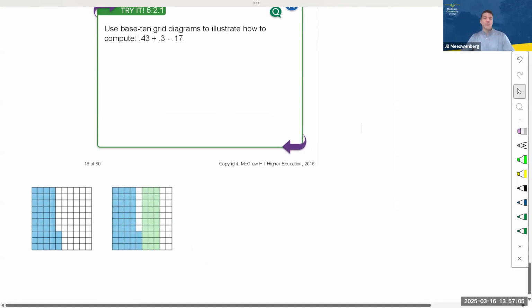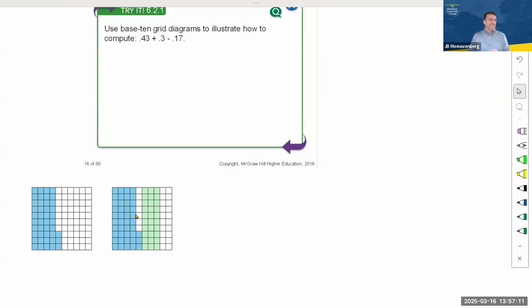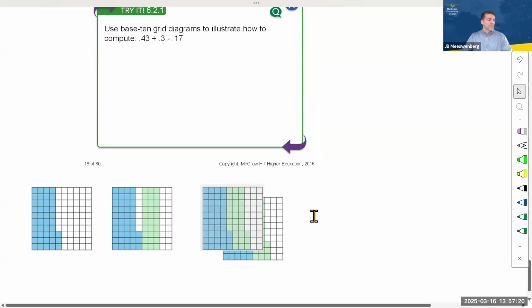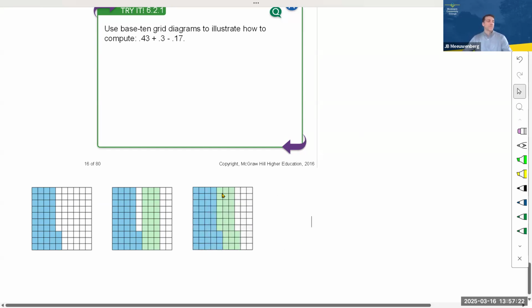But then I thought about it in terms of, could I even shift things around? Because I've got this empty space there. So I thought about how I might reallocate some of those green squares, and I shifted it and made it look like that. They still have the value of 3 tenths. They're just not all in straight lines.